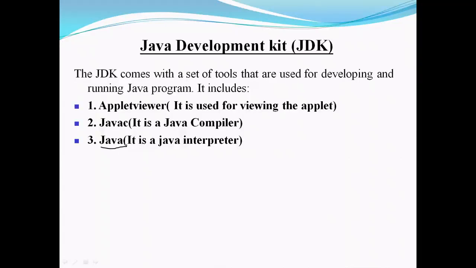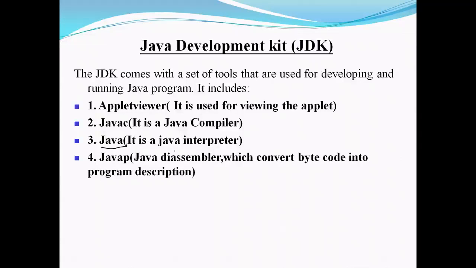Once you have your compiled bytecode file, you can execute it by using a command called java. Later on, when we actually start developing Java programs, we are going to use all these commands.